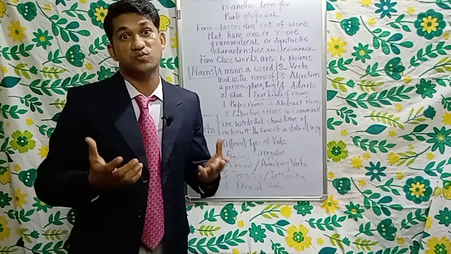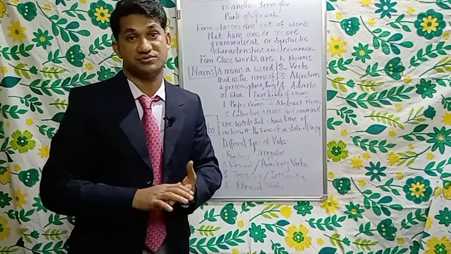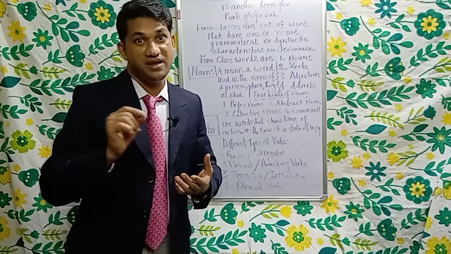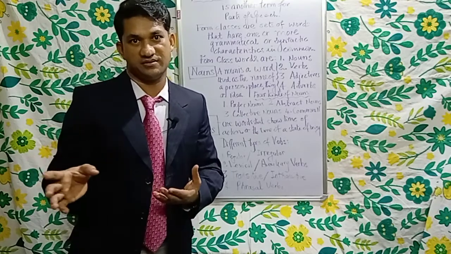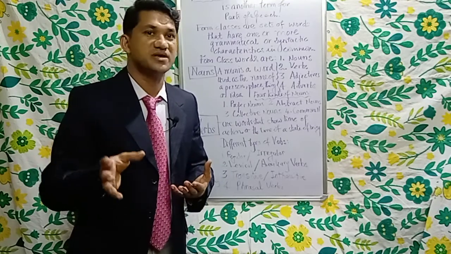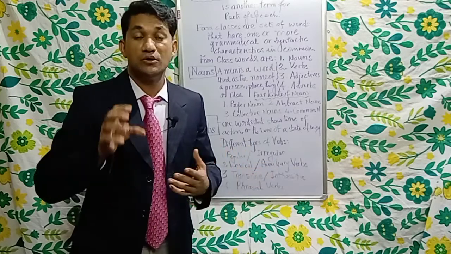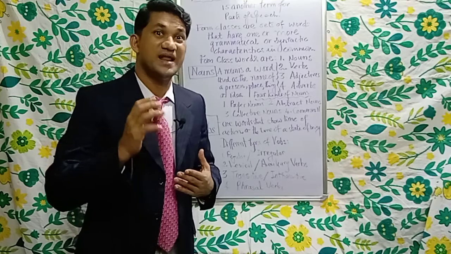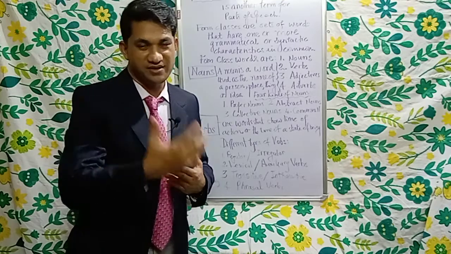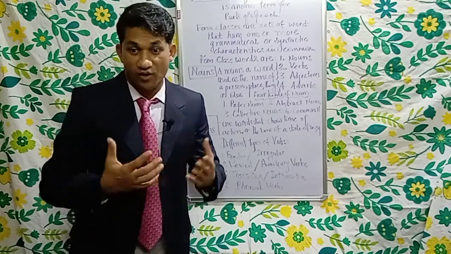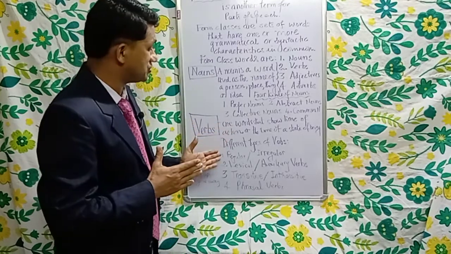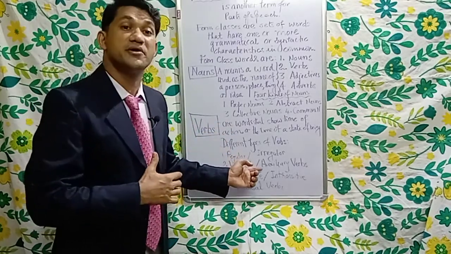People call these verbs lexical verbs, main verbs, like Raju paints a portrait. Sheila drives the car. In all this, you have what is called the lexical verb: paints, drives.